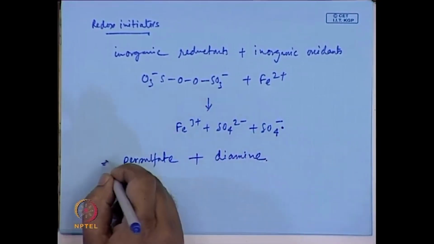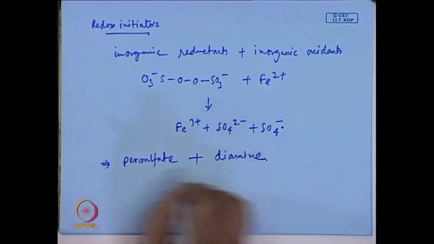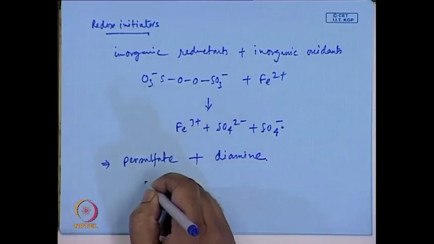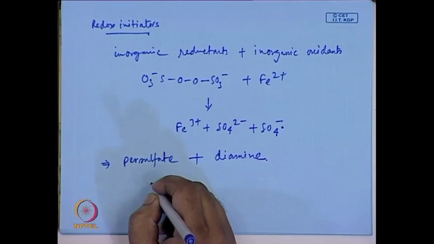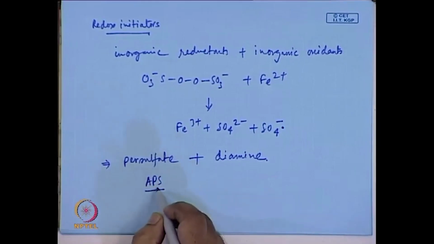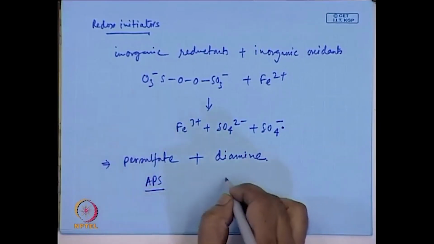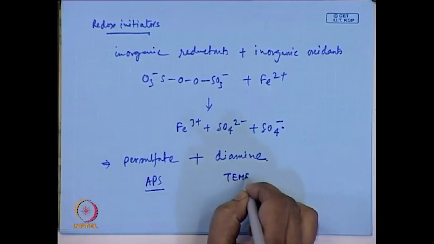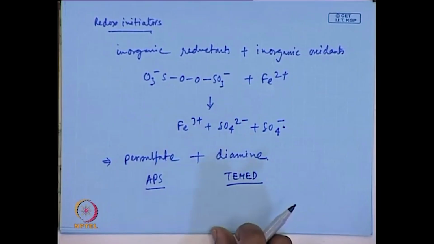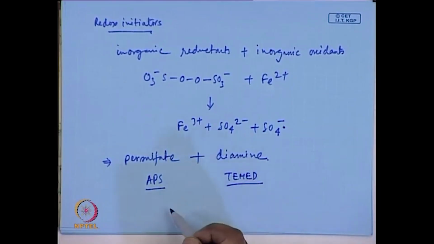A very common use of this combination is for making polyacrylamide gels, which is a combination of ammonium persulfate, APS, and TMED. This reaction is very common and done in biochemical laboratories for making polyacrylamide gel for polyacrylamide gel electrophoresis.